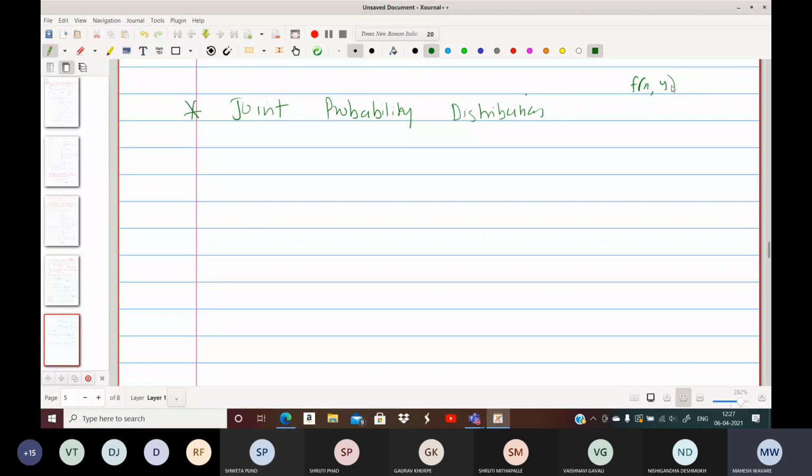Earlier your statistical experiment had only one independent variable. Now here two independent variables are there. So let me define it.